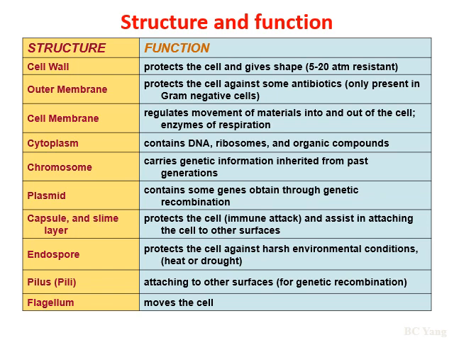If you look at this table, you can find the function of every single part of the cell. Like the cell wall, its main function is to give shape and protect the cell against the environment around it, and so on.